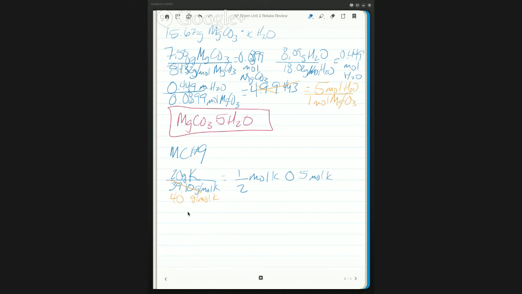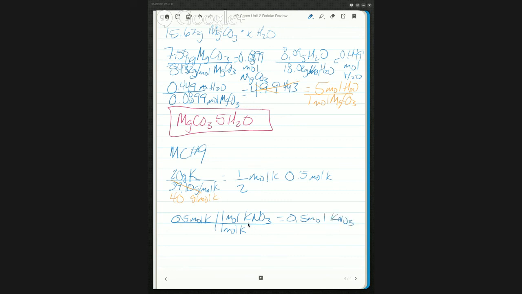Then we can figure out how many moles of potassium nitrate. 0.5 moles of potassium. And for every 1 mole of potassium, we have 1 mole of potassium nitrate because there's only 1 K in KNO3, so it's a 1-to-1 ratio, which means we have 0.5 moles of KNO3.